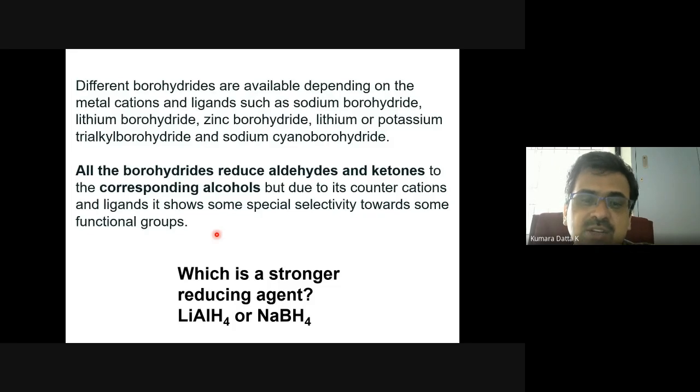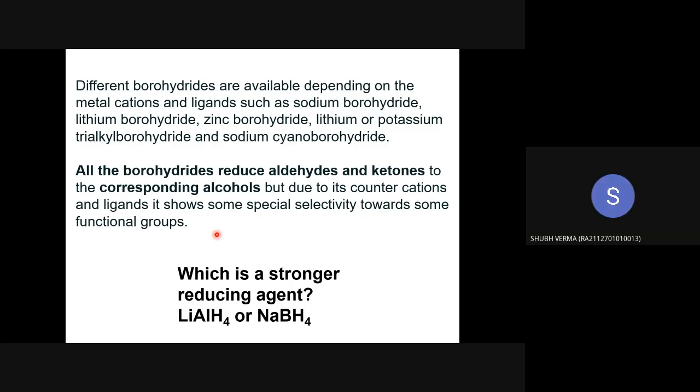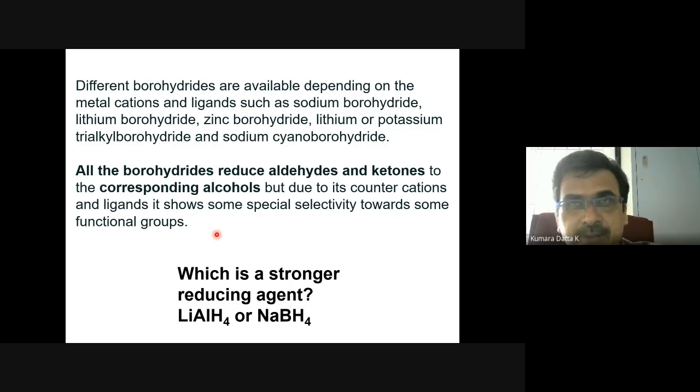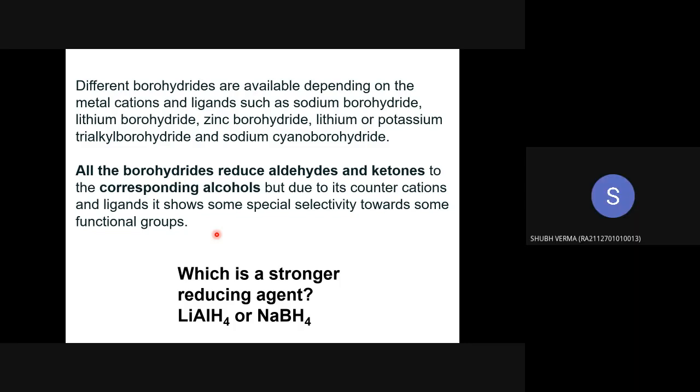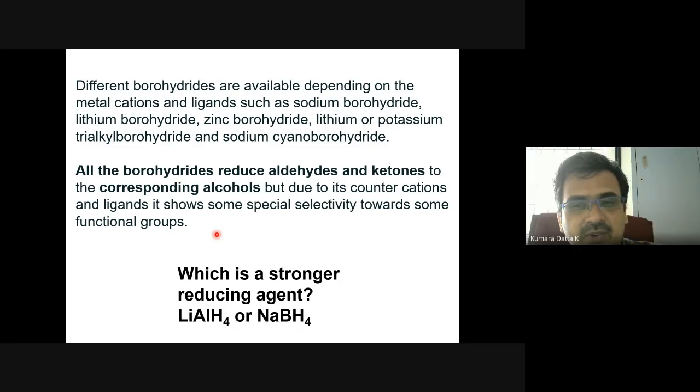Would anyone in the class like to attempt this question? Which is a stronger reducing agent? LiAlH4 or NaBH4? LiAlH4. Okay, for what reason could it be a stronger reducing agent? Any reason, Shubharma?